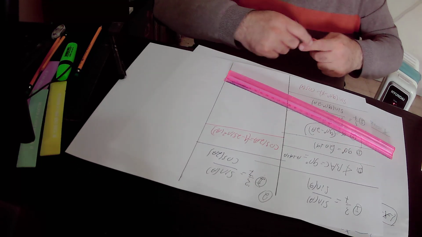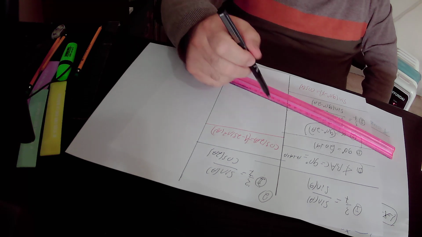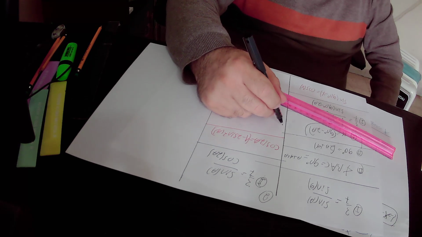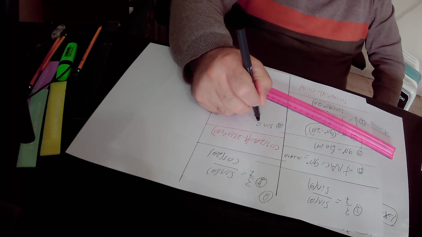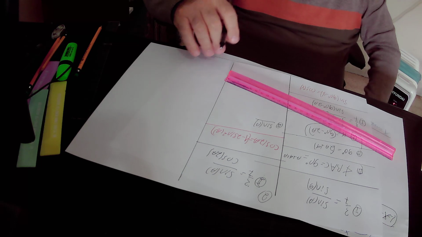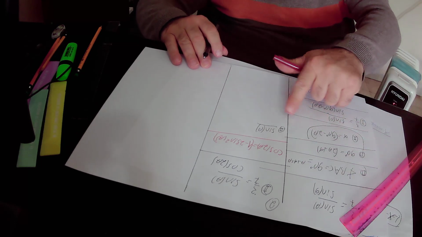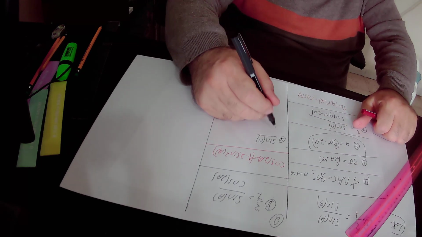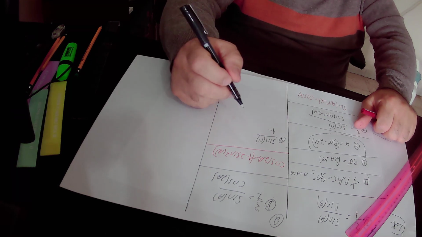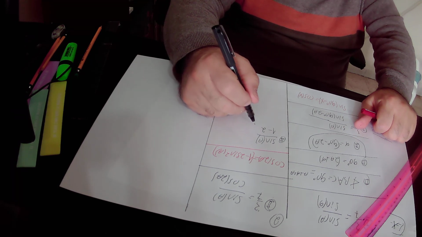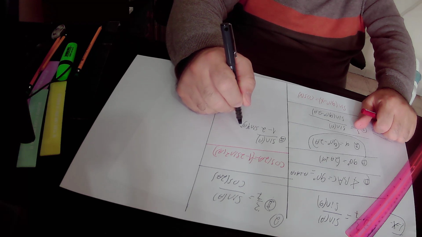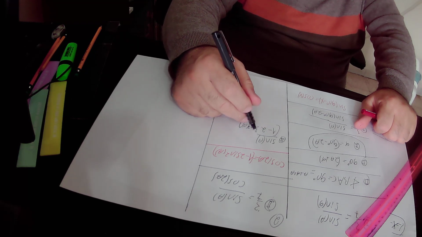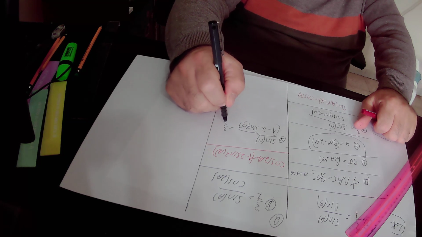And we will get that sine theta over 1 minus 2 sine square theta equals 3 over 7, which is equation number 1.